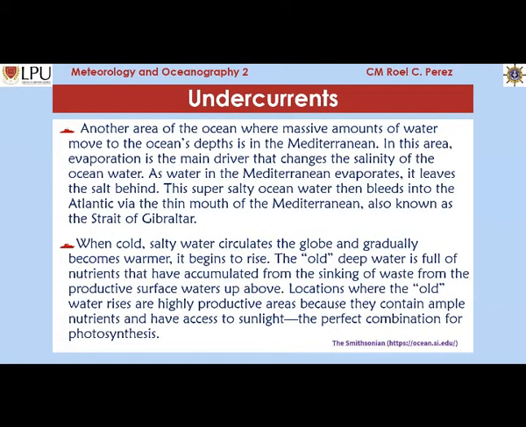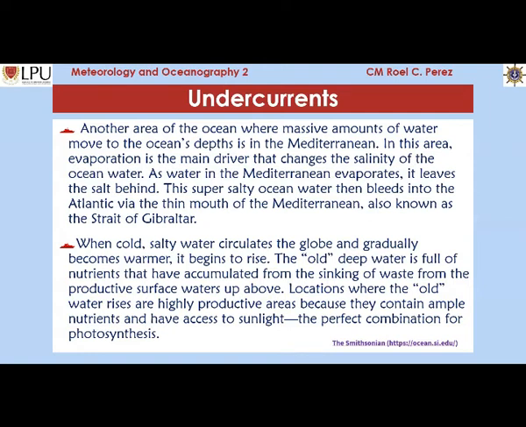Okay, another area of the ocean where massive amounts of water move to the ocean's depths is in the Mediterranean Sea. In this area, evaporation is the main driver that changes the salinity of the ocean water. Now, this is not caused by any stream or any current, but the main driver is evaporation.